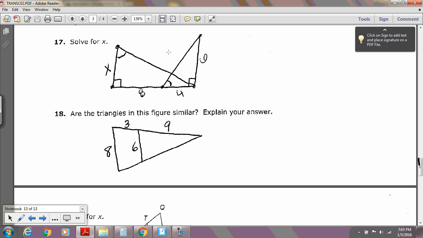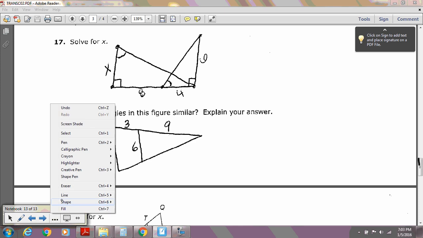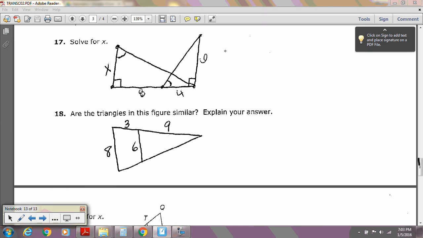So that means x is proportional to 4 and 8 is proportional to 6.